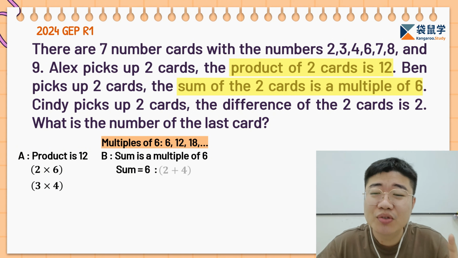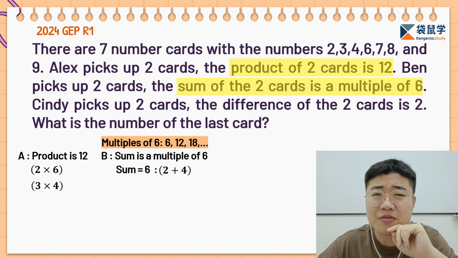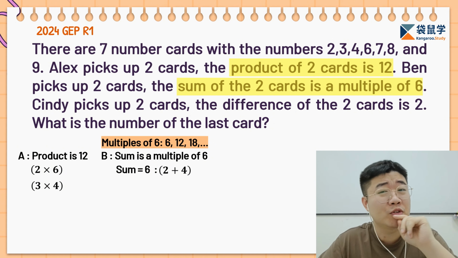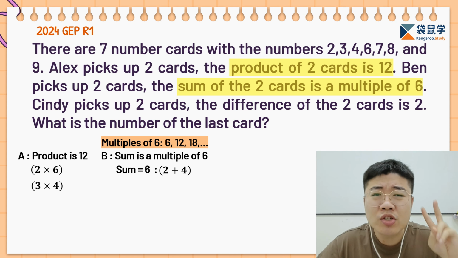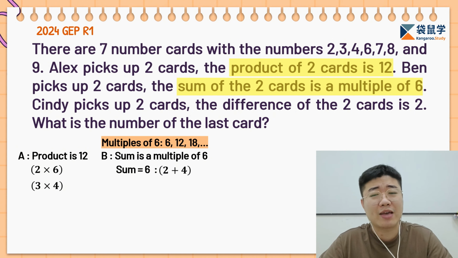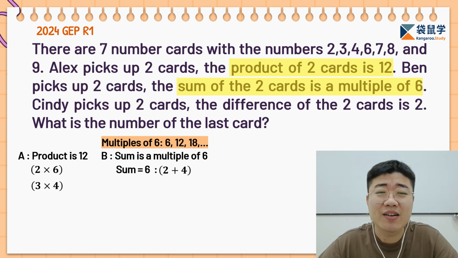So we can do 2 and 4. 2 plus 4 equal to 6. Next, can we choose 3 plus 3 equal to 6? Some of you may say yes, some of you may say no. This one we must take note: we must choose 2 different cards. The same card cannot be chosen 2 times. So for sum equal to 6, there's only 1 choice here.